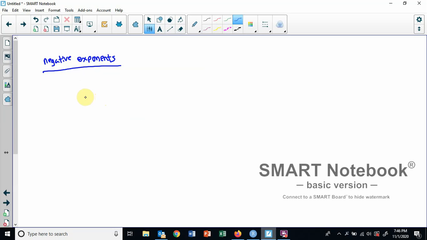If I have a base with negative exponents, let's just start with this one. If I have a base with a negative exponent, there is a simple way we fix this, okay? So you see I have y to the negative fourth.